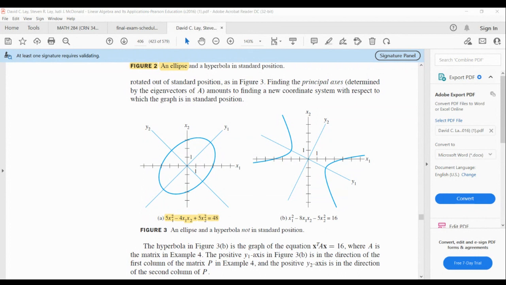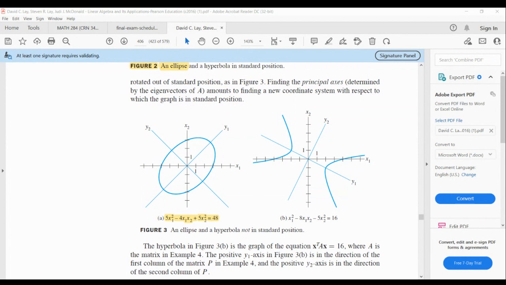But if you can adjust the axes so that the axes are y1 and y2, like they show in the picture there, you see the x1, x2 axes in figure 3A, the ellipse. The x1, x2 axes are not convenient axes to graph that ellipse.